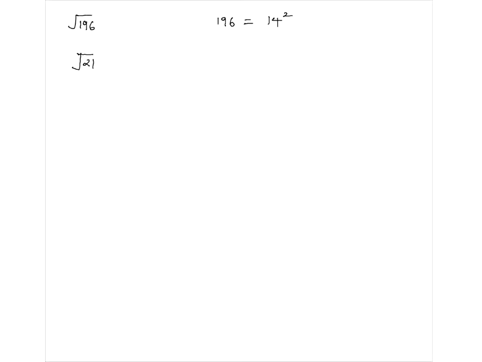How about this? Irrational. Irrational is right. 21 is not a perfect square.